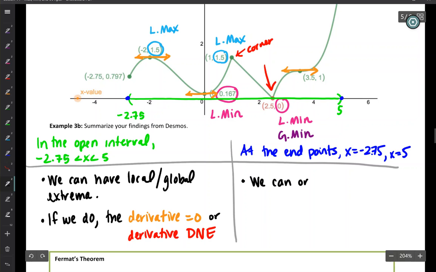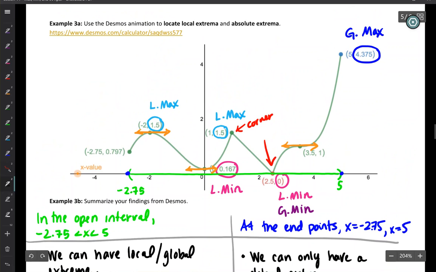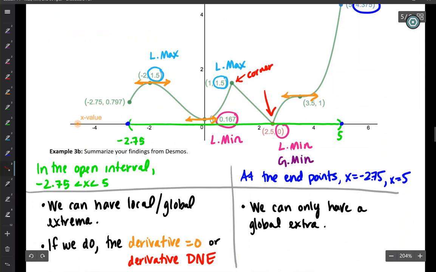We can only have a global extrema there. And the derivative doesn't exist at the endpoint. But what we'll see here, we're laying the foundations for locating absolute extrema using the closed interval method. I'm sorry, I'm getting a little bit ahead of myself. I'm going to stop right there.